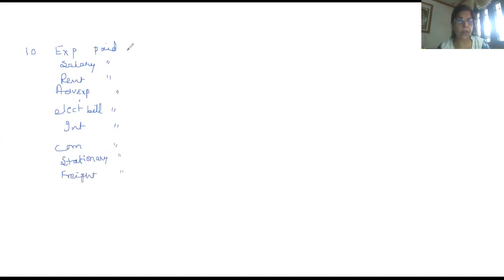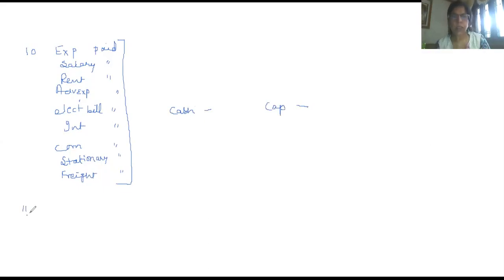For all these, first cash is going out, that's why minus. And another thing, by the losses, capital will also be subtracted. Then 11. See here, cash minus, capital minus in the accounting equation.